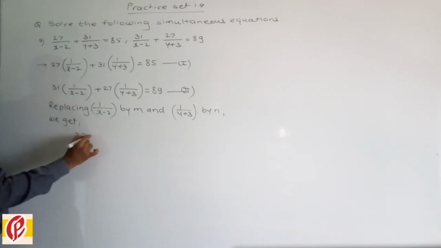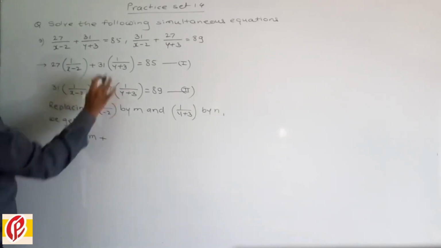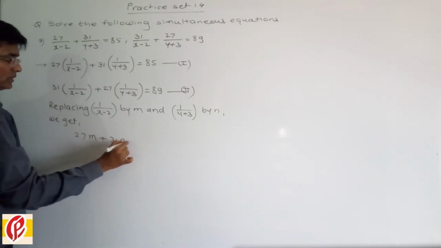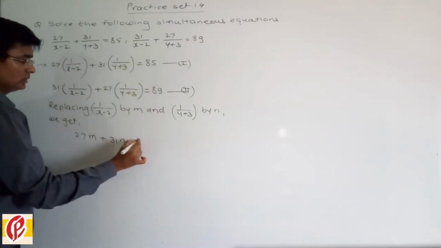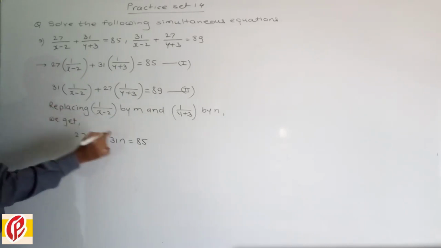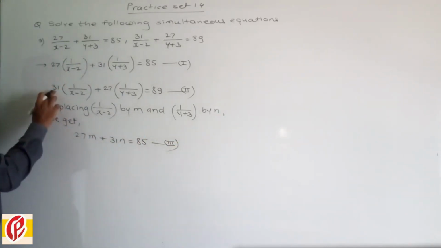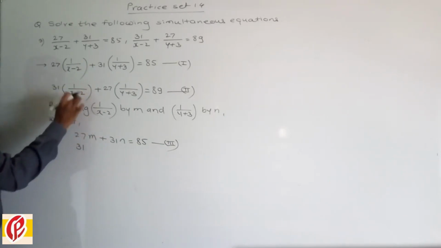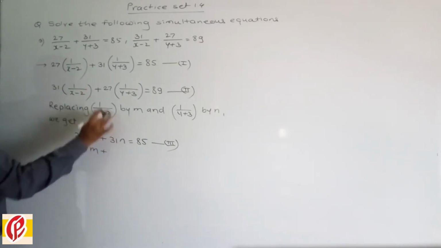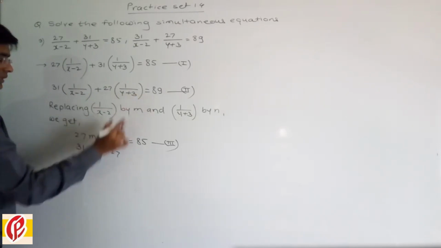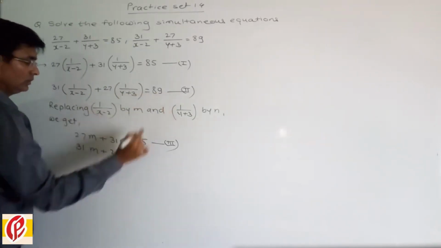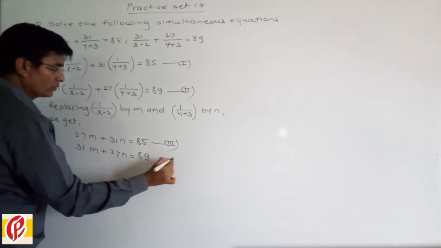The third is 27m plus 31n is equal to 85, and this is the third equation. Then 31m plus 27n is equal to 89, the fourth equation.